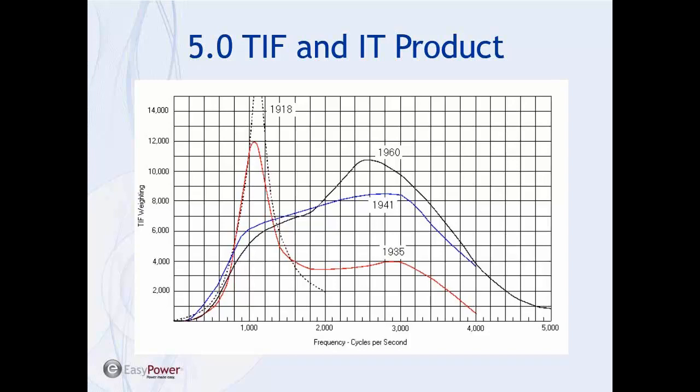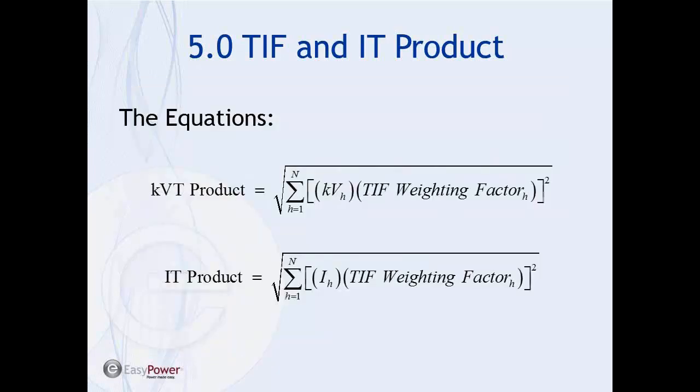You go down to 480 volts where your currents are thousands of amps, you can calculate a really large number based on where you are. And the IT product is an ampere number, and the KBT product is kV. So just understand that even though there are some numbers for typical IT product values, which we're going to talk about just after this slide, you have to be really careful and understand it's more of a relative thing.